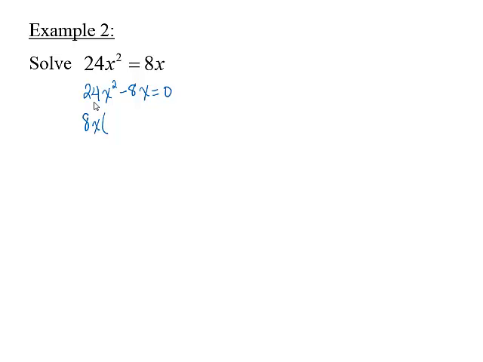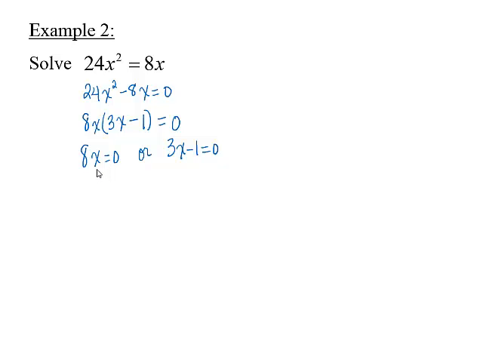Factoring out 8x gives us 8x times 3x minus 1 equals 0. Now we have a product equal to 0. We set each of those factors equal to 0. So 8x equals 0 or 3x minus 1 equals 0.